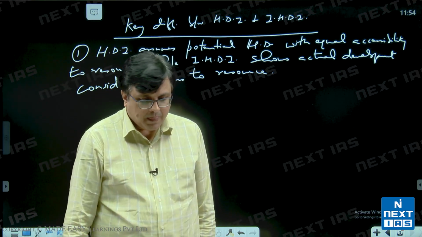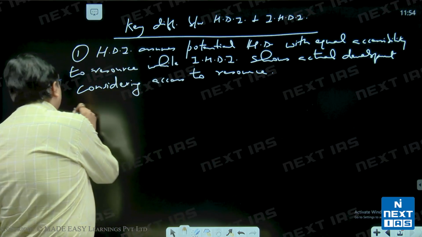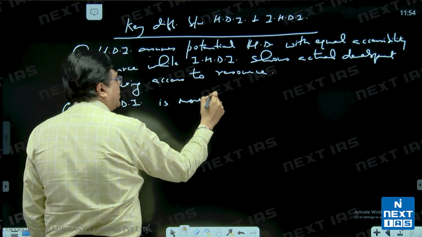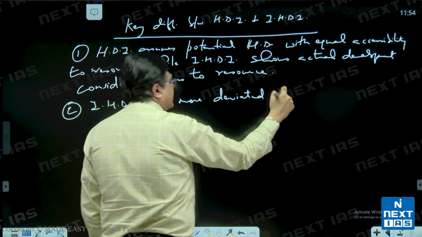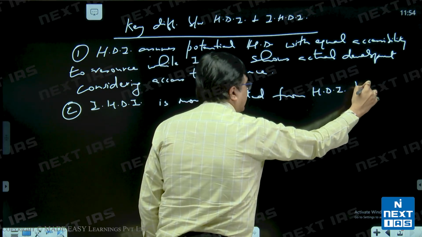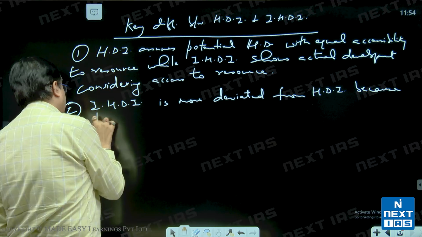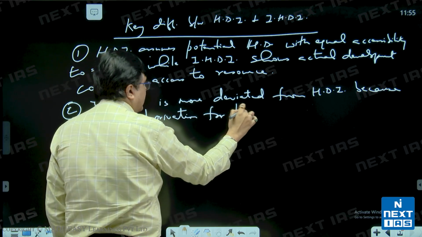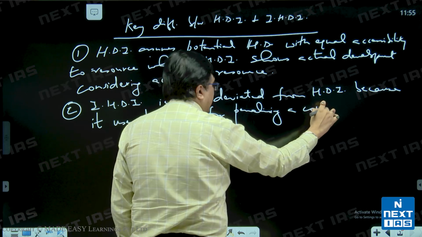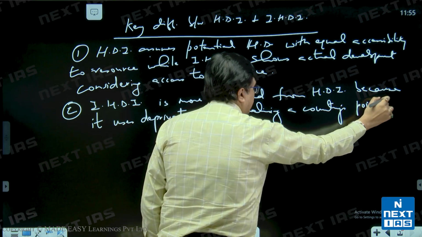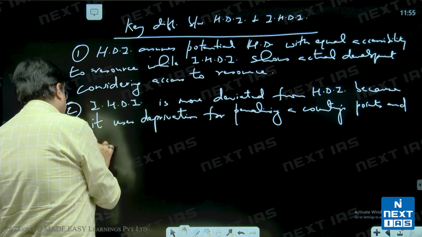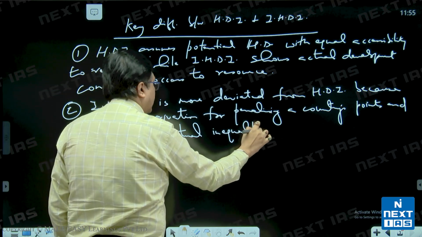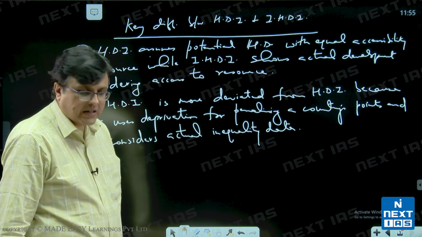Second, IHDI is more deviated from HDI because it uses deprivation for penalizing a country's points and it considers actual inequality data.